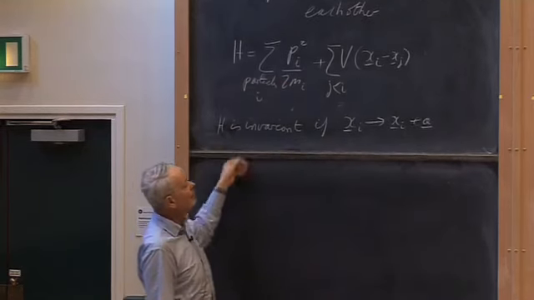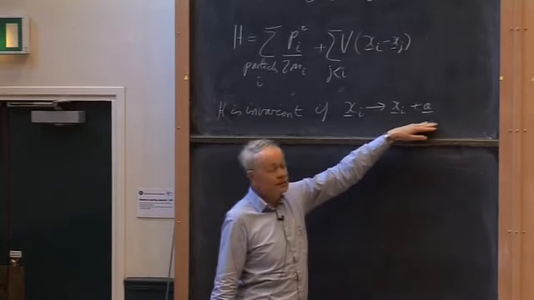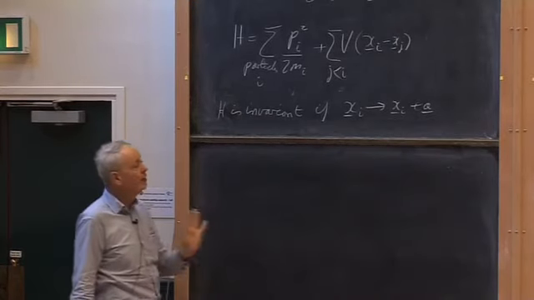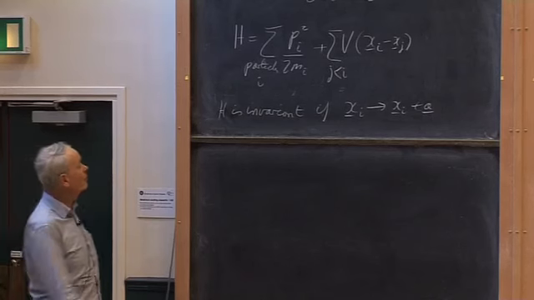And what does that tell you? That tells you that the generator of this transformation is going to be a conserved quantity.